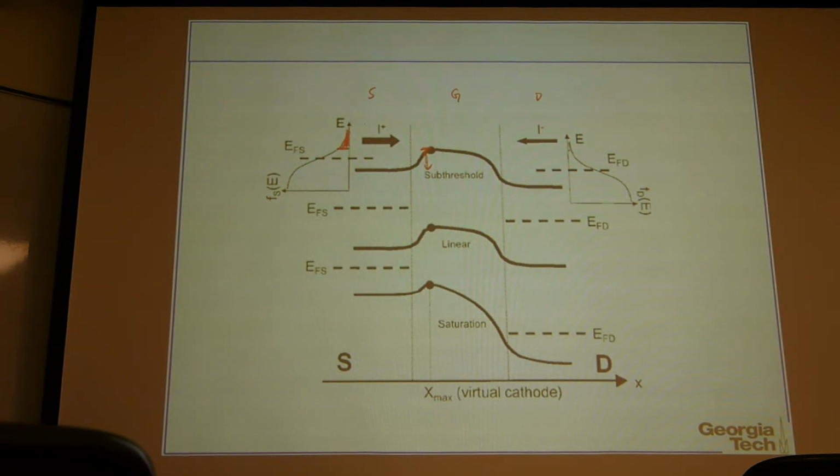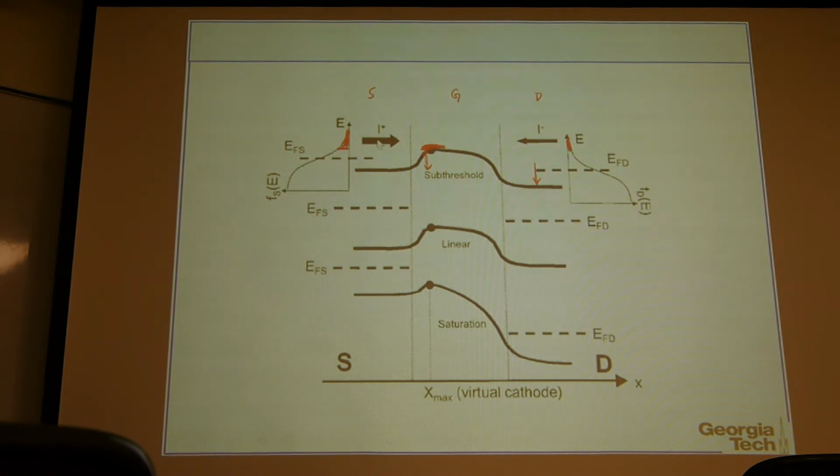So those electrons can be over this barrier top. Actually to the drain side, you will also have a little bit of electrons over the top of this barrier. But since the drain voltage is pushing down the band, here you have an even smaller probability.